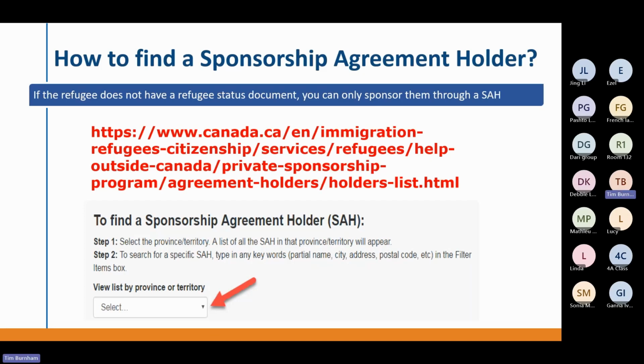Again, if the refugee does not have a refugee status document, you can only sponsor them through an organization called a sponsorship agreement holder. The way to find a sponsorship agreement holder is on the government's website.